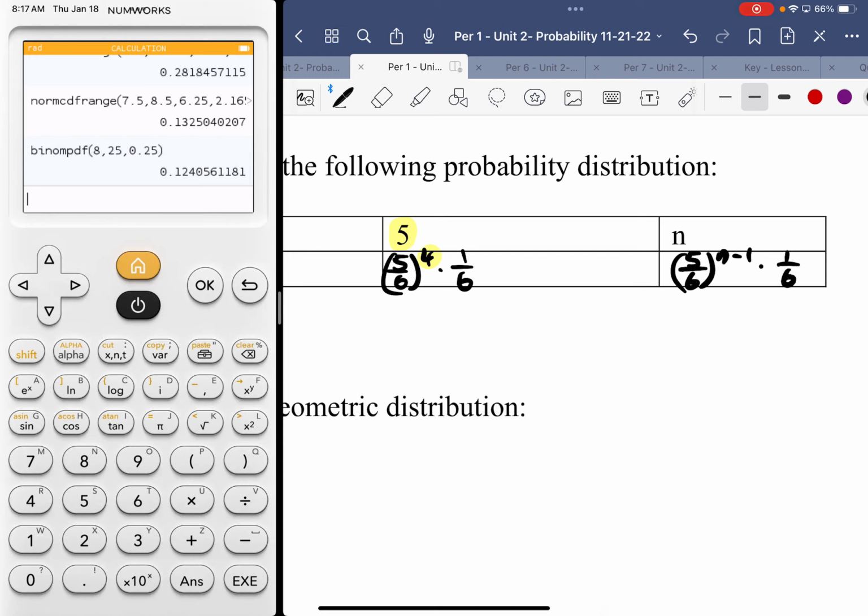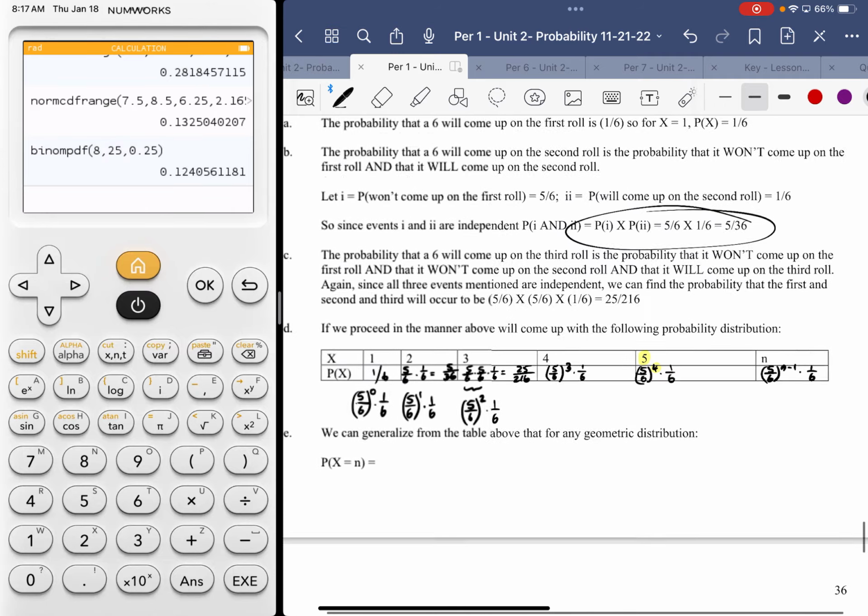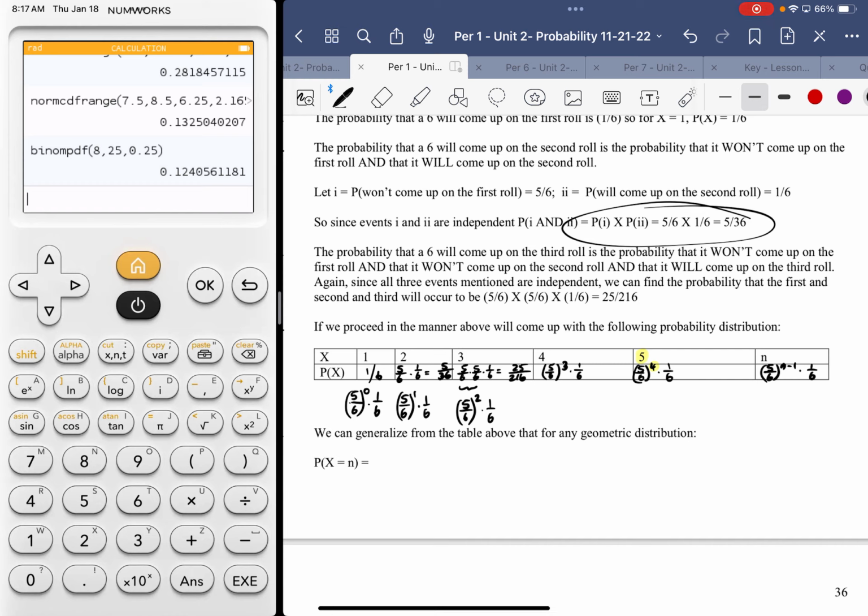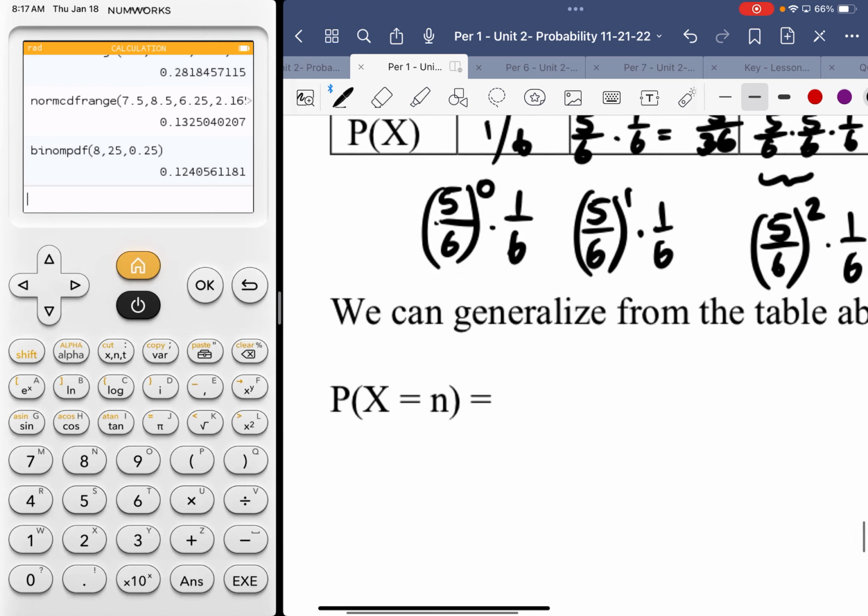Now that's specific to rolling a die, but we want to be able to generalize this for more than just that. All right. So that 5 over 6 was the probability of failure. Right? The 1 over 6 was probability of success. So we typically refer to failure as either Q or 1 minus P. All right?